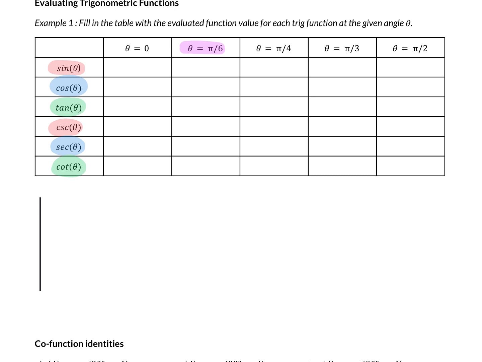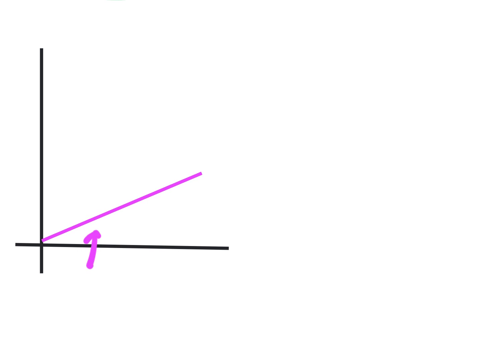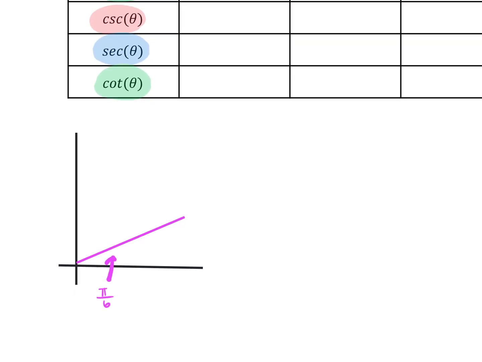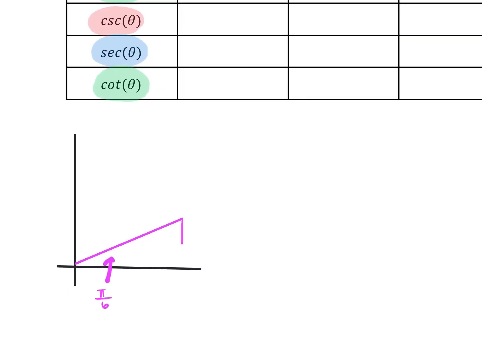Pi over 6. That's what we're looking at. So pi over 6 is going to look something like this. That's equal to pi over 6. So I think about closing that triangle there.